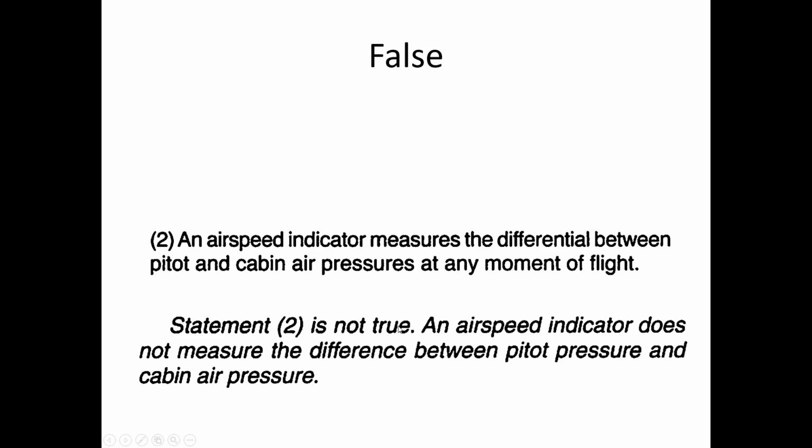And of course, it is not true. It does not measure the difference between pitot and cabin air, but it measures the difference between pitot and static air, or outside static air pressure. So if they ask you which one, yes, only number one would have been true.